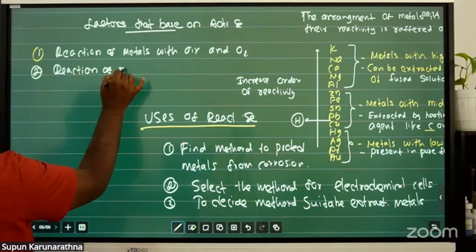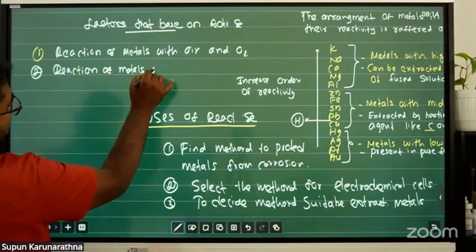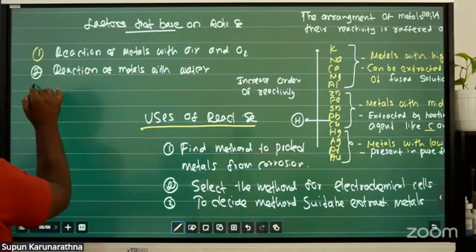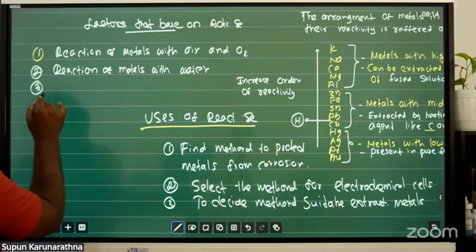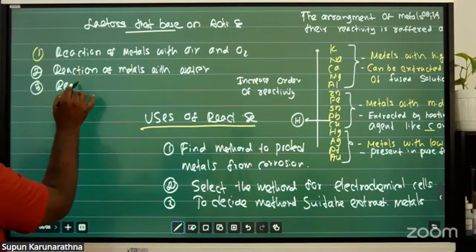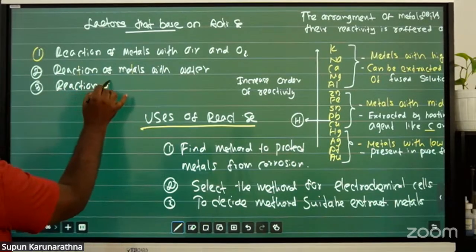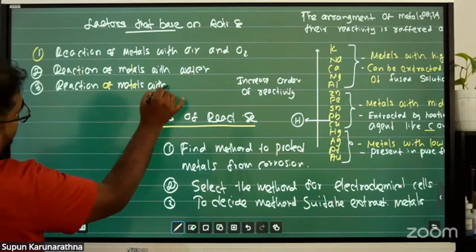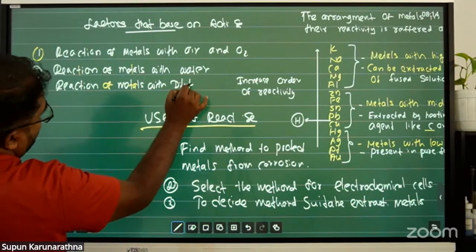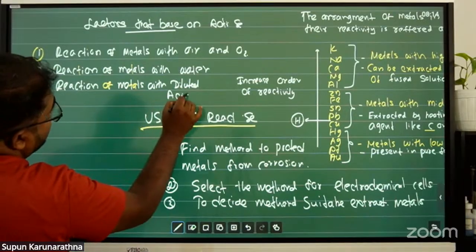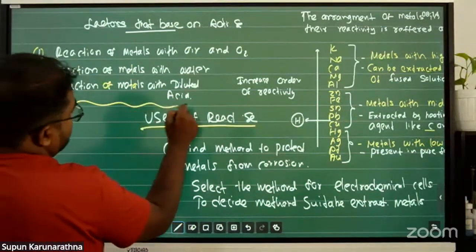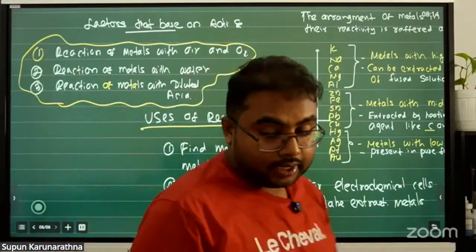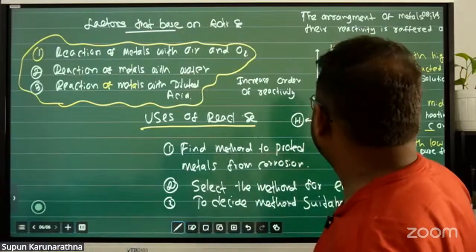The third is the reaction of metals with dilute acid. Actually, these three factors are considered. Right, let's go to the next question after this.